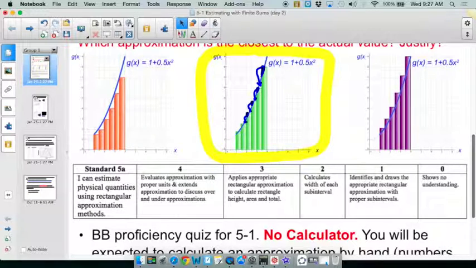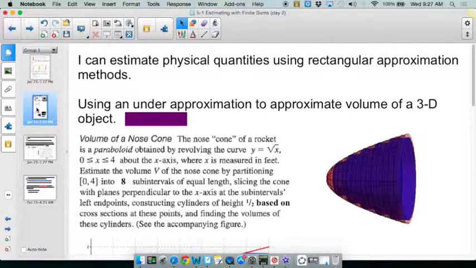So today's focus then is using one of these three methods to approximate physical values in practical applications. For instance, you have two things you're going to work through.